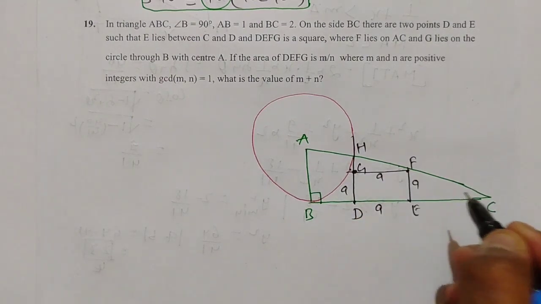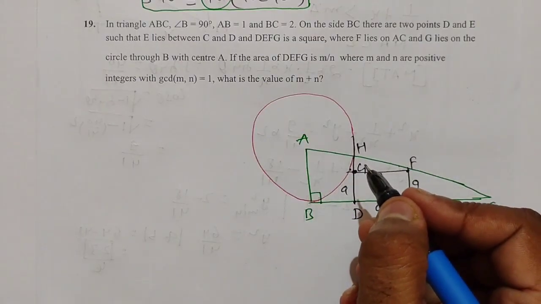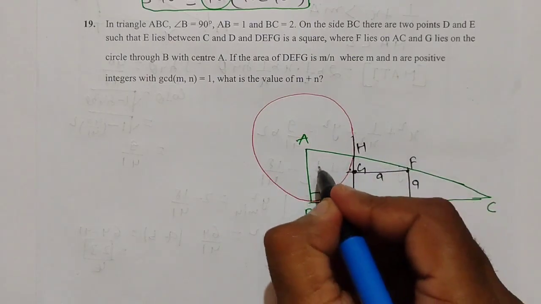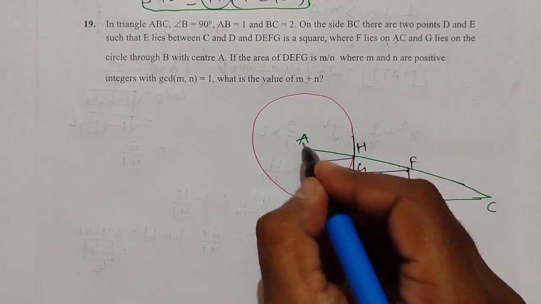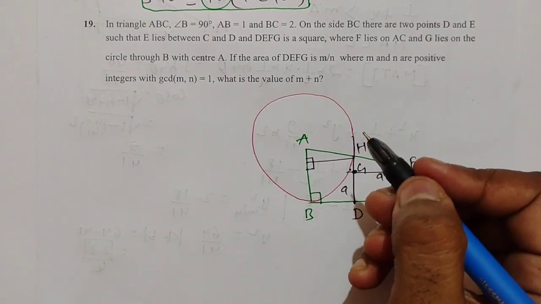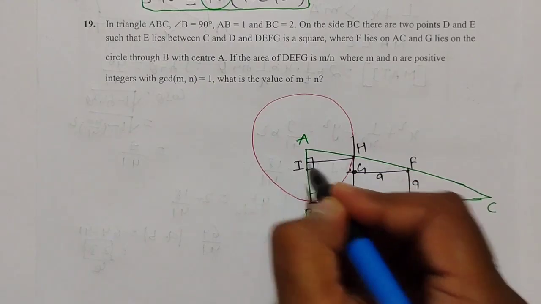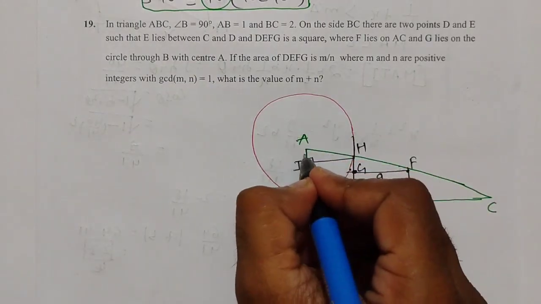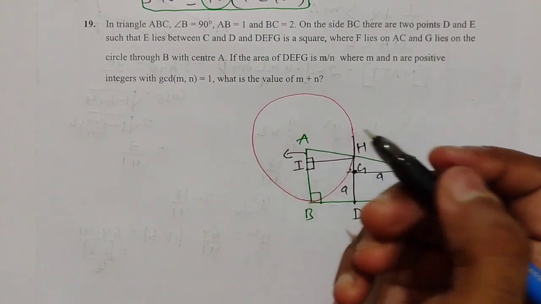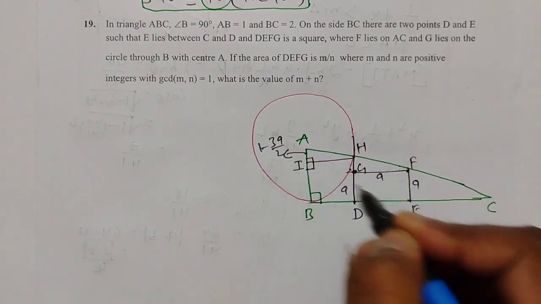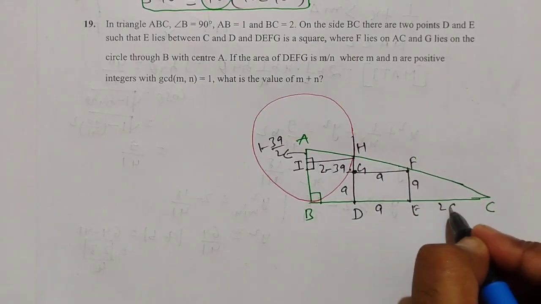So we are marking the length as a units, and we are dropping a perpendicular from H to the radius AB, and this is the foot of the perpendicular I, and this length is equal to 1 minus 3a by 2. This is 2 minus 3a, and this is 2a.